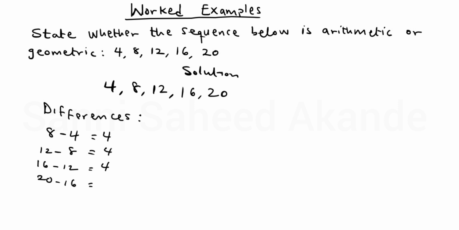You can see that the common differences are constant. Is that understood? So since this particular sequence has constant differences, we can conclude and say it is an arithmetic progression, or arithmetic sequence.